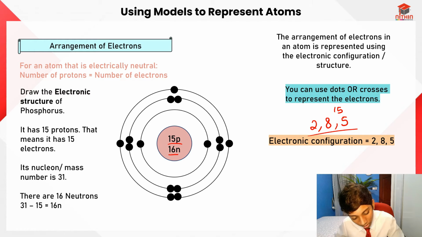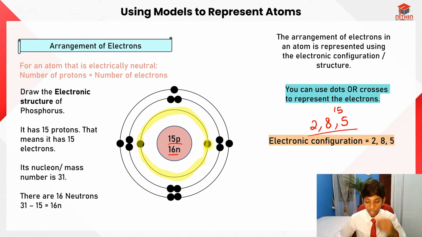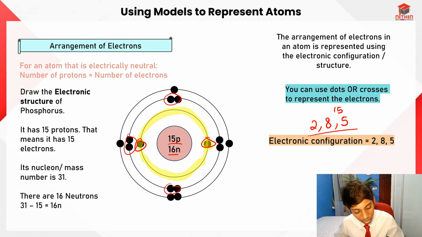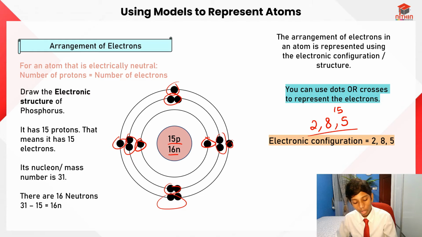In the first shell we actually have two electrons, 1 and 2. And then in the second shell we have 2, 4, 6, 8 electrons, and in the last shell we have 2, 3, 4, 5 electrons. So this is how you're supposed to draw your electrons in your shells.